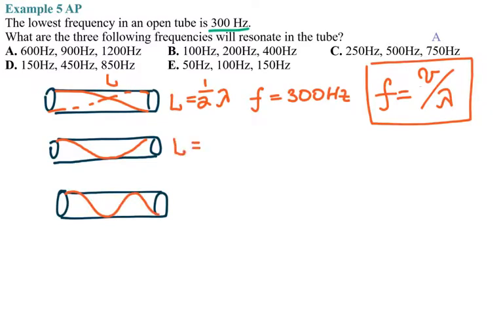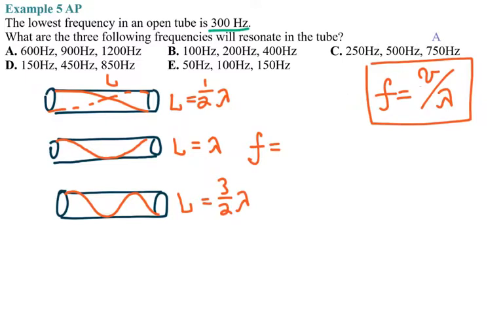Here I have lambda, and here I have 3/2 lambda. The velocity is the same for every single one of them. So I'm going to rewrite this here. The frequency is equal to 300 hertz, but it also equals velocity over lambda, and lambda is 2L.